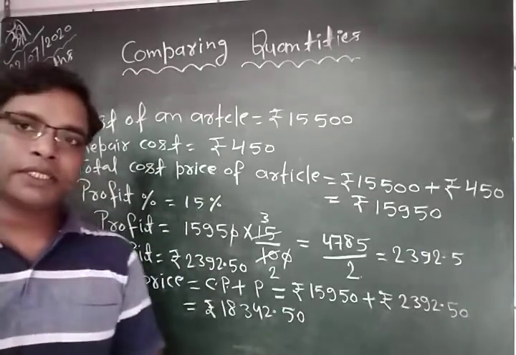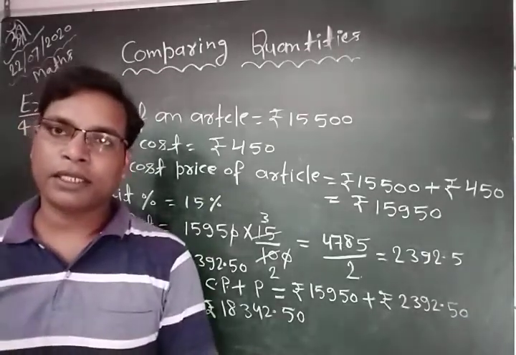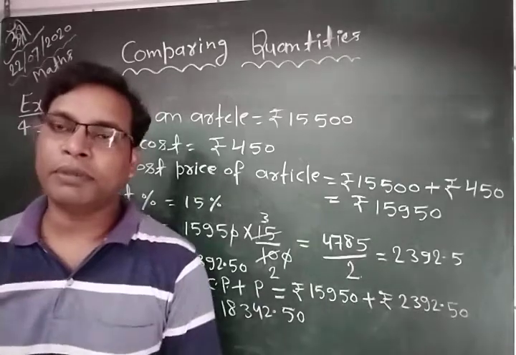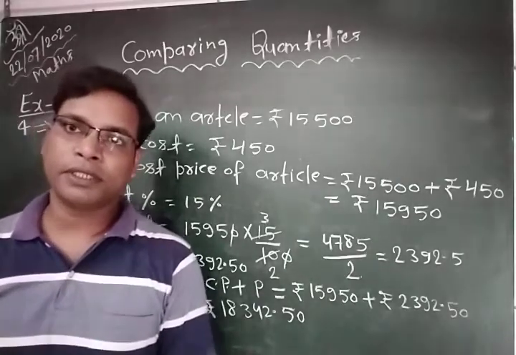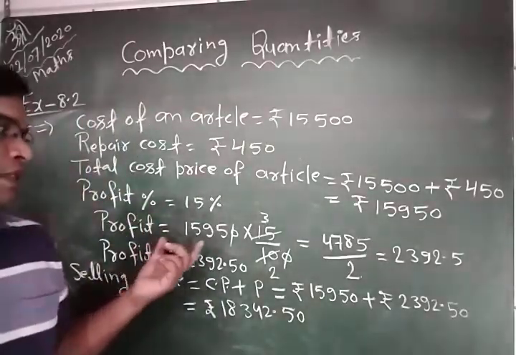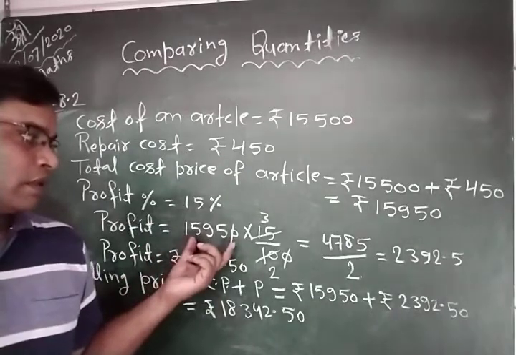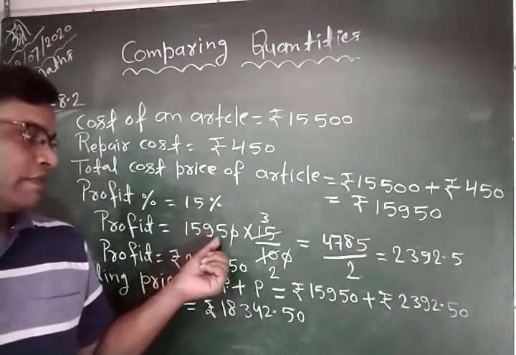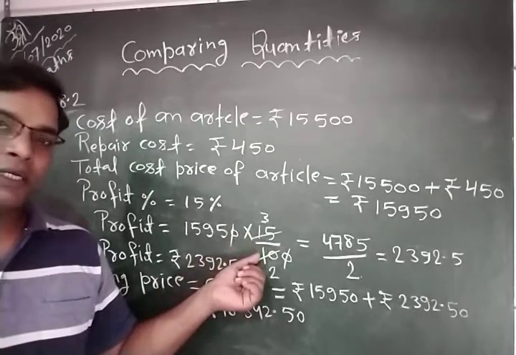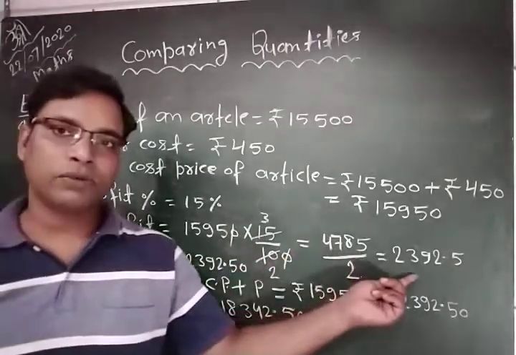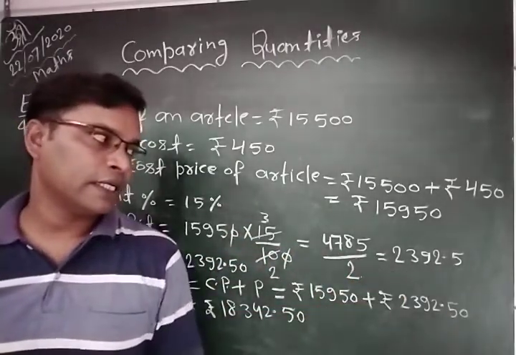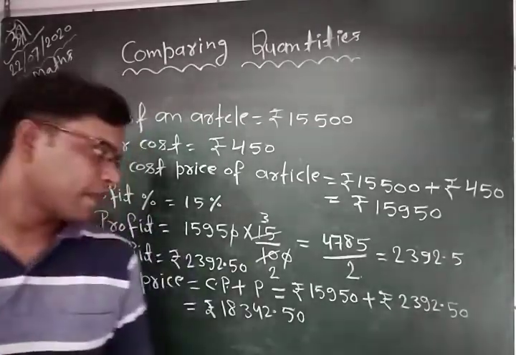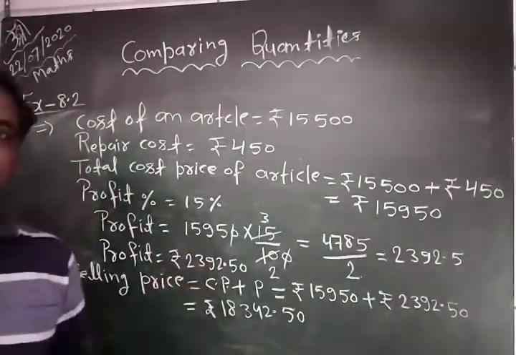Okay, after this the profit percentage is also given, 15%. So you find the profit: 15,950 into 15 by 100. So in this way we obtain 2,392.50 rupees. This is the profit.